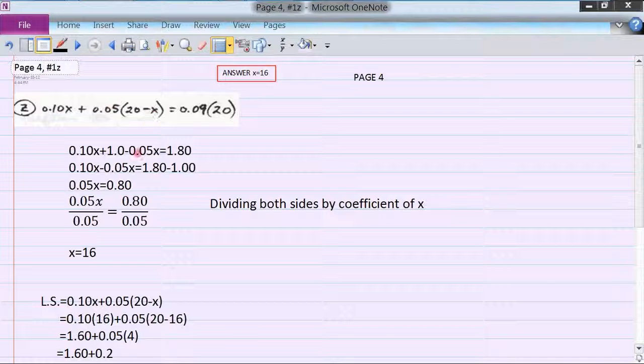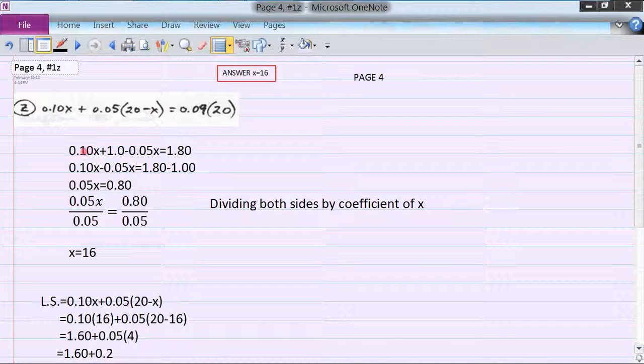0.05 times minus x gives me that term. 0.09 times 20 is 1.8. You can do those on your calculators. So if this term is the same as this, now what we're going to do is transpose this term from the left to the right, and it becomes minus 1 right over here.